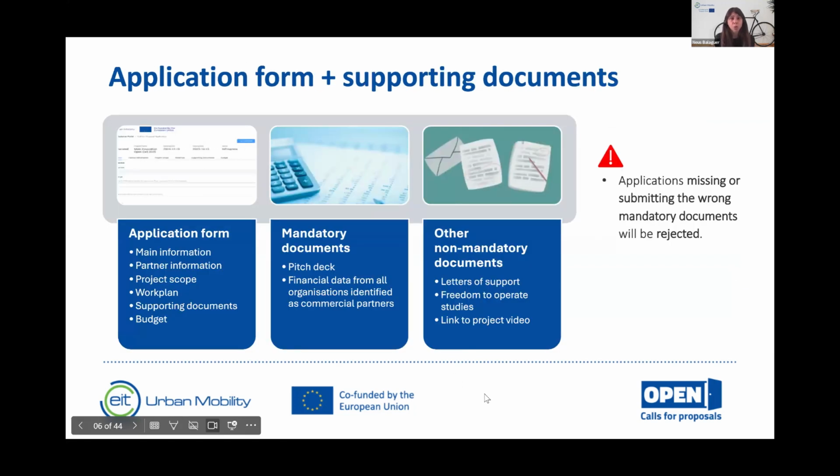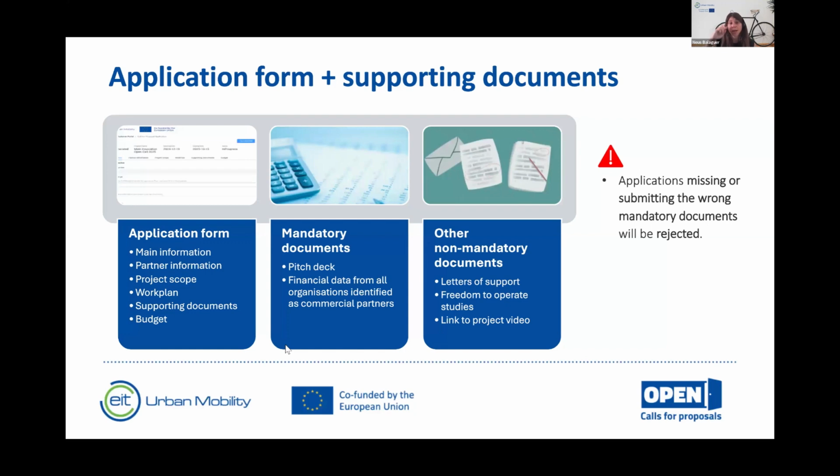you will be able to fill in all the information directly on the NetSuite platform. There are these 6 sections: the main information, partner information, project scope, work plan, supporting documents, and budget.